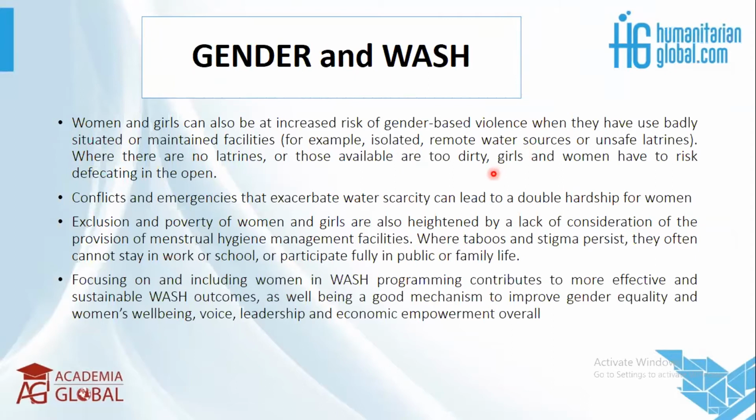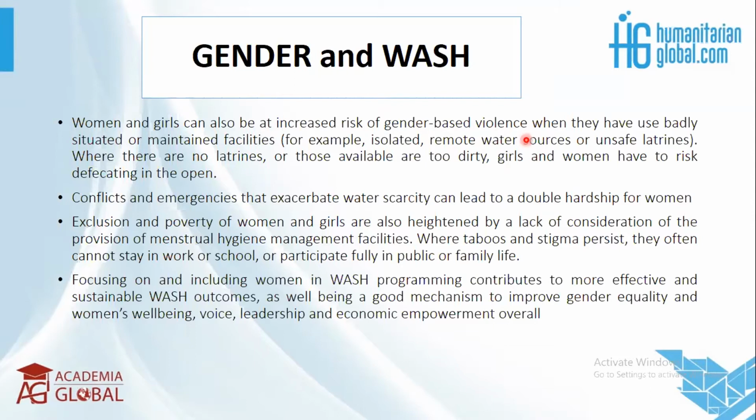Where there are no latrines, women and girls are at risk when going to defecate in the open. So they are at risk of gender-based violence because of the way the facilities are situated or the way they have been maintained. So women and girls are still at risk when they want to access some of the facilities.